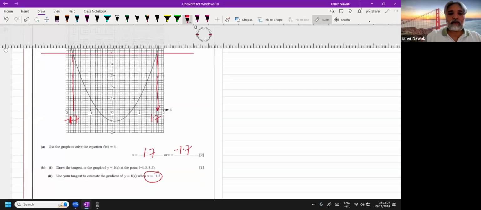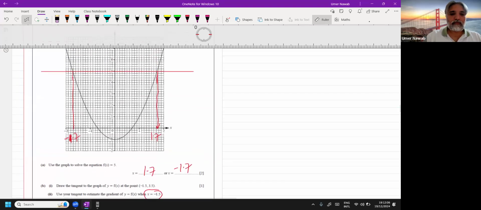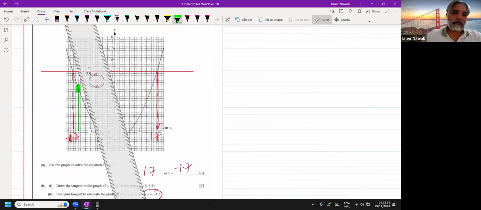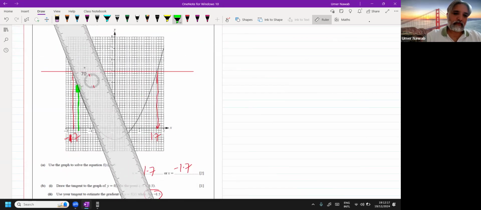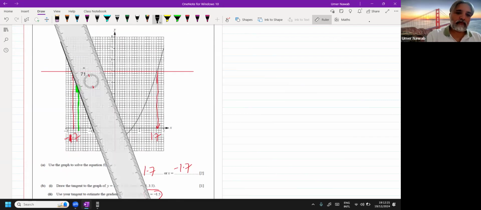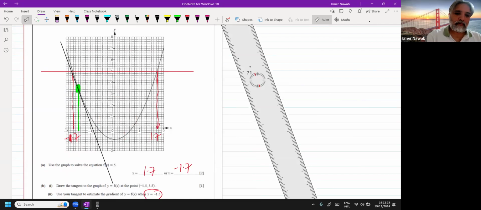Tangent, we have to draw at x is equal to negative 1.5. This is negative 1.5. Draw the tangent here. Three point two.